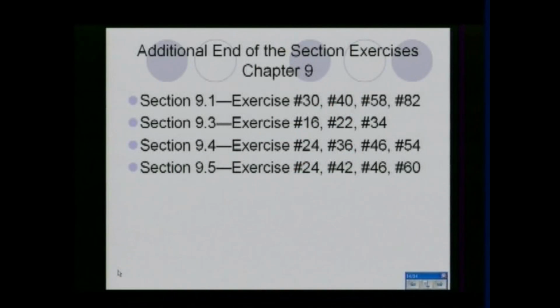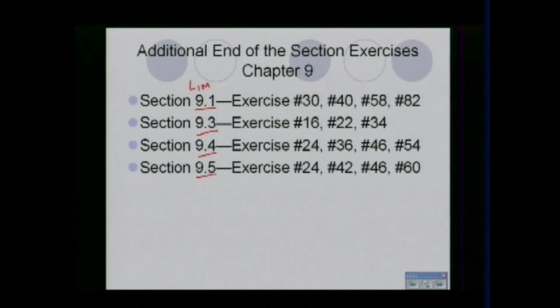Now we move to chapter 9 and do some of the exercises in that chapter. If you look at the slide, in chapter 9, we are going to cover section 9.1, 9.3, 9.4, and 9.5. Section 9.1 is talking about limit.